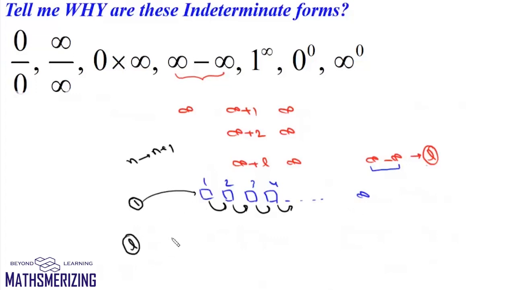In this case, the manager will ask every person to go from room number n to room number n plus L. Now we'll have the first L rooms vacant. We can fill these L guests in L rooms. In the first case, we have infinity is the same as infinity plus 1. In the second case, we have infinity equals infinity plus L.